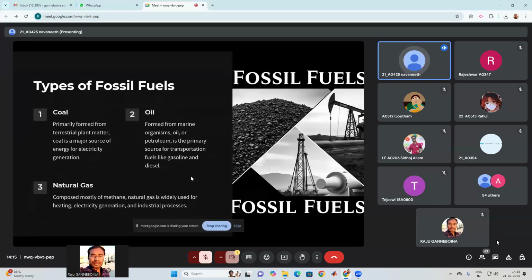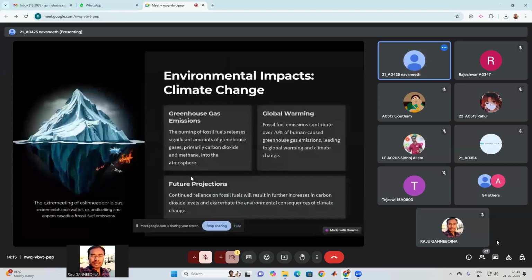Now, oil is formed from marine deposits, mainly microorganisms buried under layers of sediment in oceans. Heat and pressure convert the organic material into liquid hydrocarbons, and this happens over millions of years.